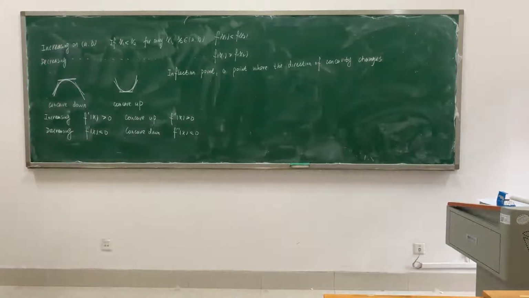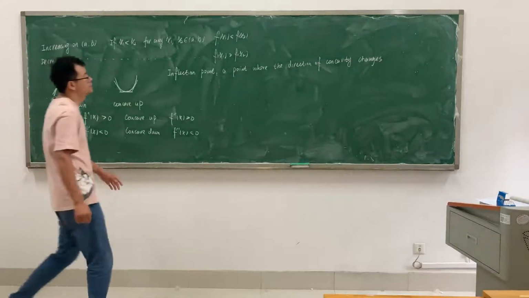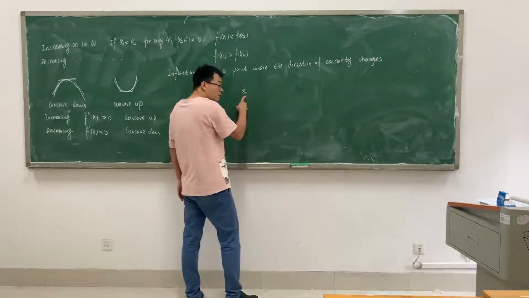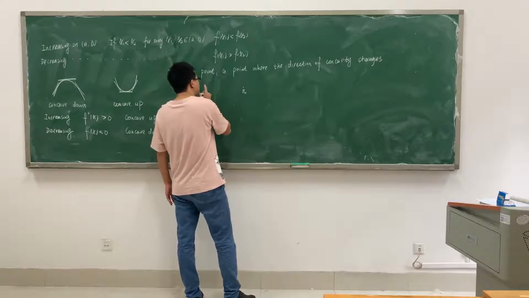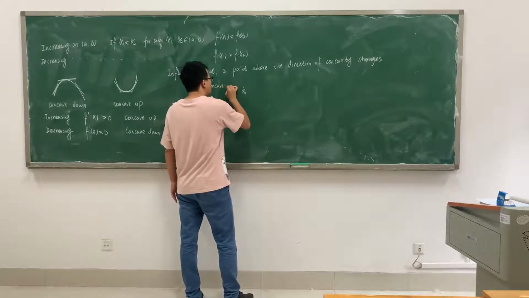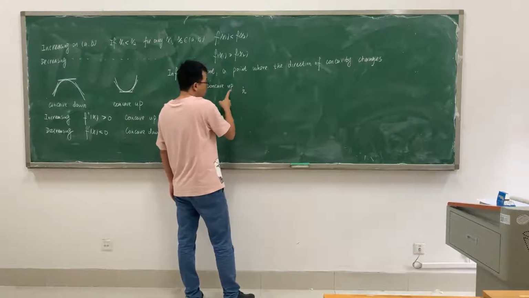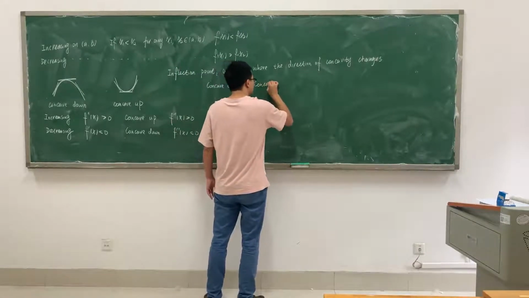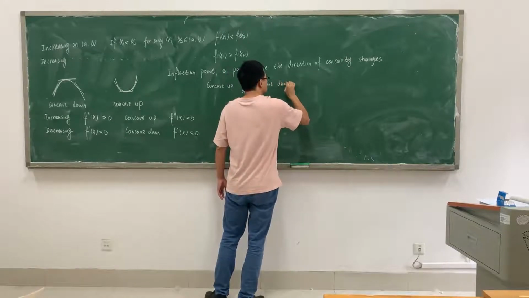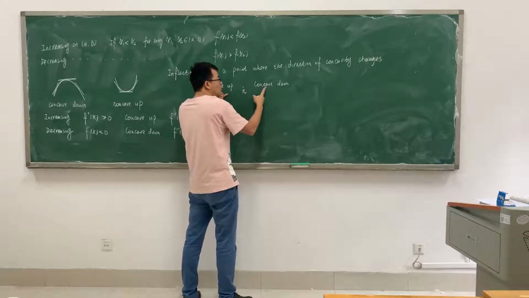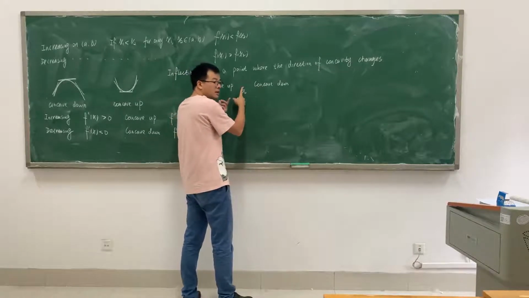So here, this is a point x0. If on the left it is concave up and on the right it is concave down, this point is an inflection point.